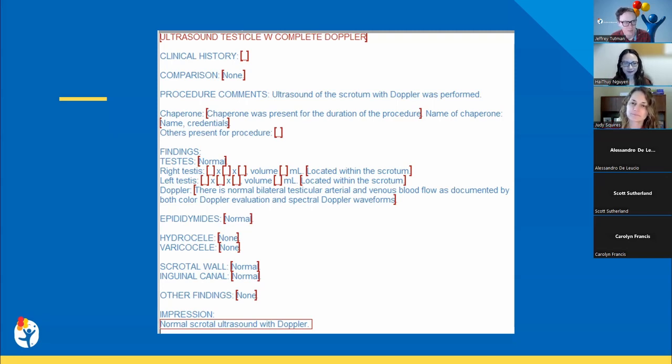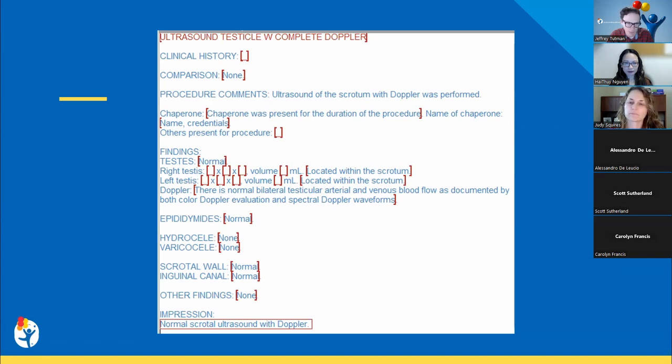The machine has something called Scan Assist, which is a protocol built into the machine. The sonographer will associate all of these different measurements, like all of the testicular measurements and the volume for this particular protocol or reporting template, with certain parts of the scan protocol. And then those get transferred to ModLink, which is then linked to our report.